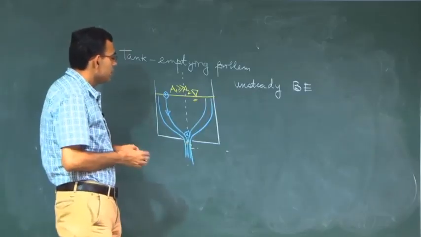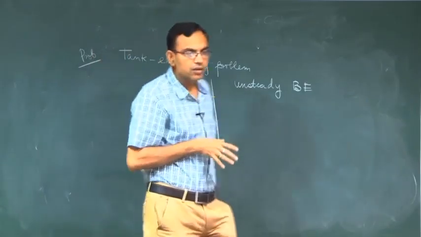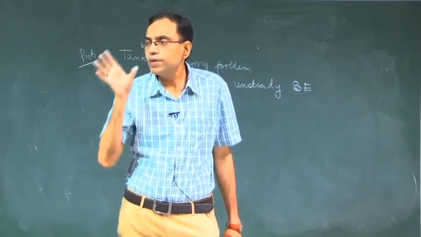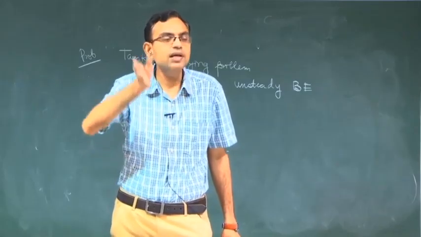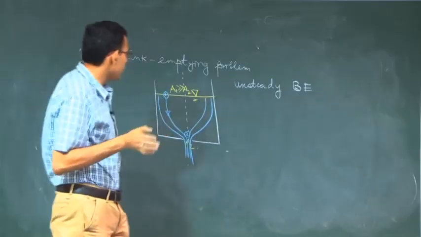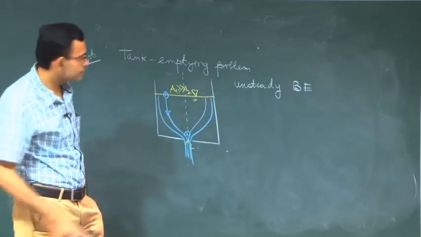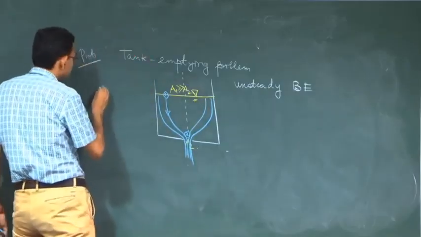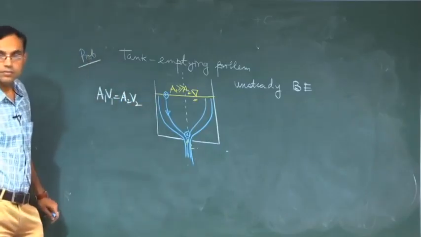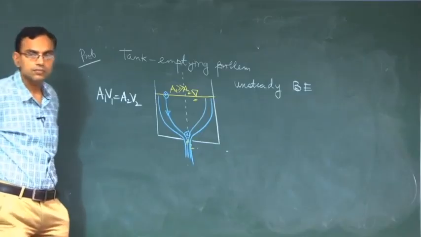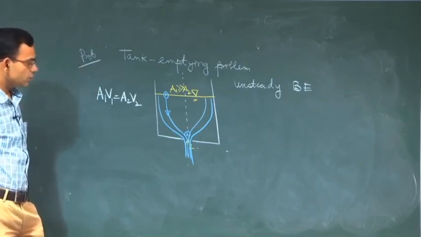First of all, for the velocities at sections 1 and 2, when we are assuming inviscid flow, we are implicitly assuming that the velocities are uniform, because viscous flow will give rise to a velocity gradient. So, when we say the velocities are uniform over 1 and 2, we can write this.